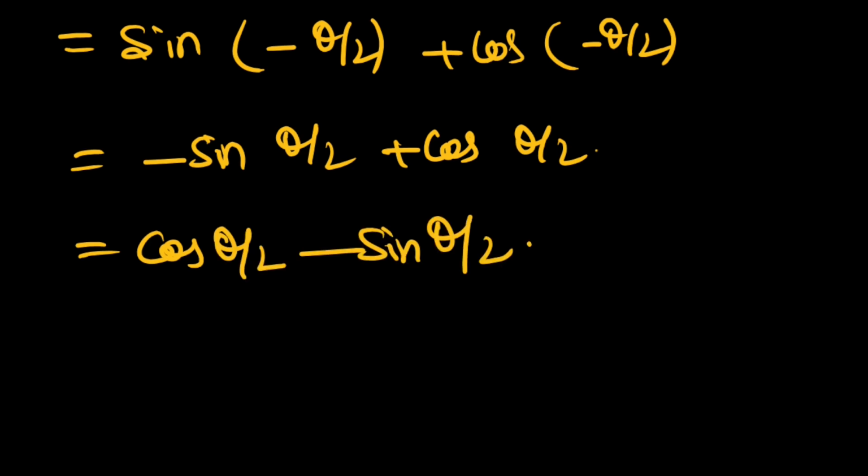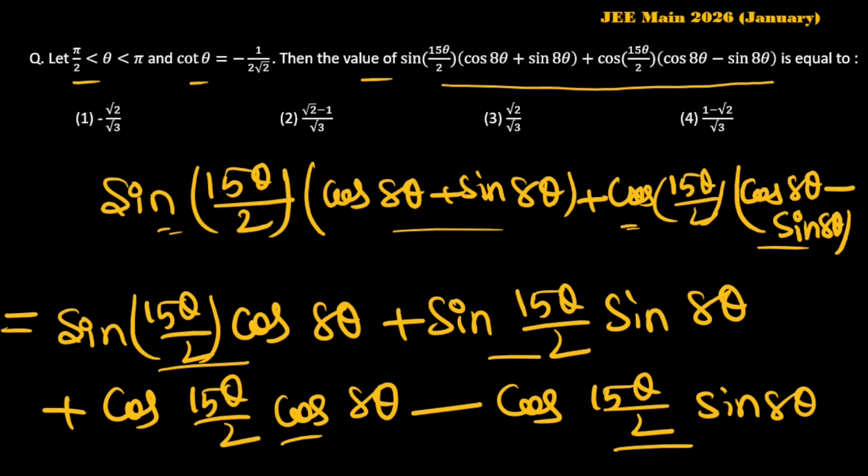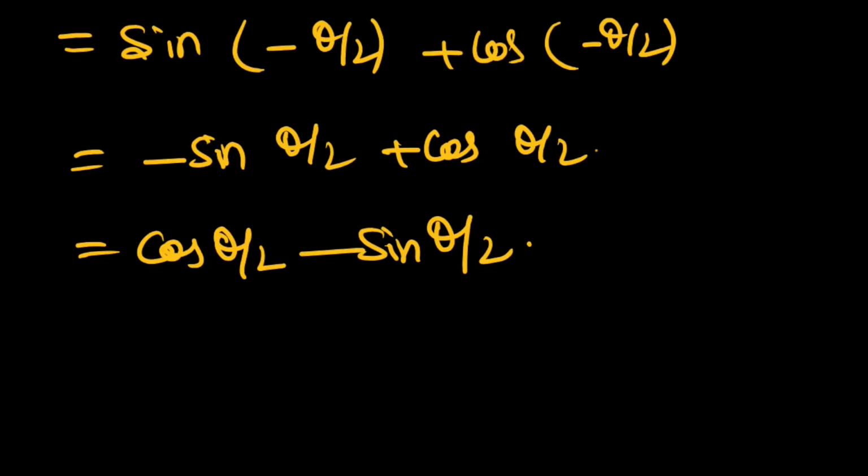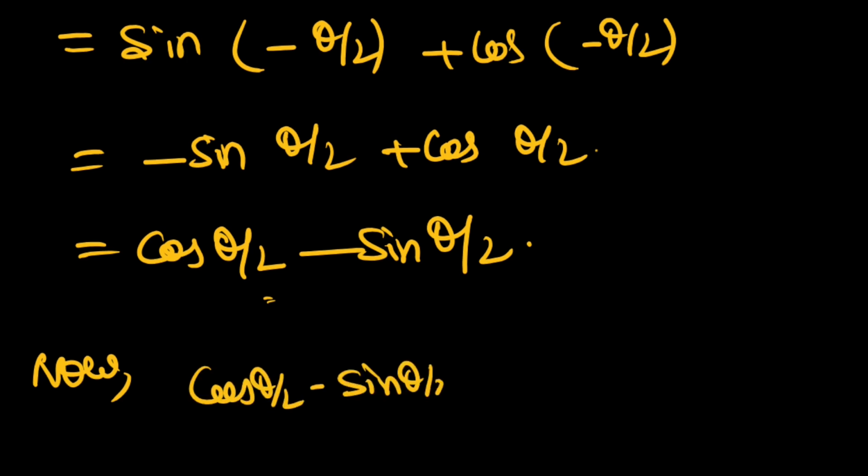Now we find the value of cos theta by 2 minus sine theta by 2. It's given that cot theta is equal to minus 1 over 2 root 2. So we first convert into theta form. We find the value of cos theta by 2 minus sine theta by 2 whole square, then take the square root to get the value of cos theta by 2 minus sine theta by 2.